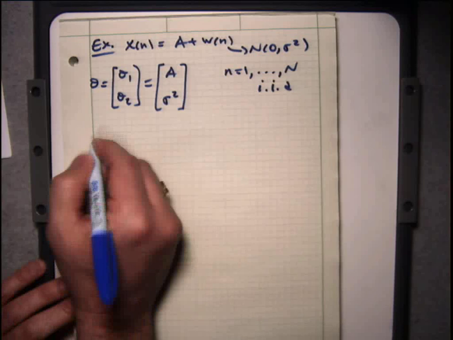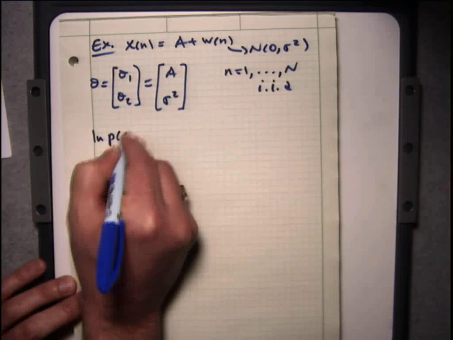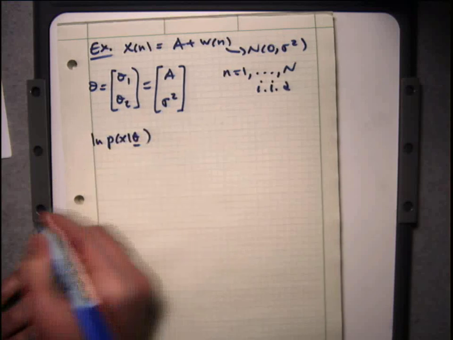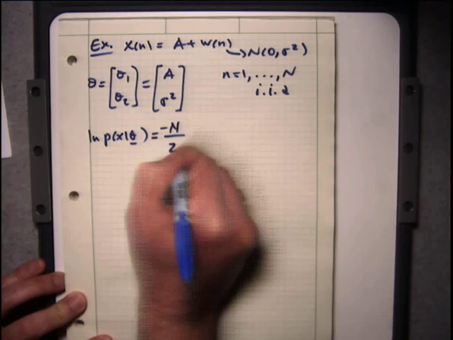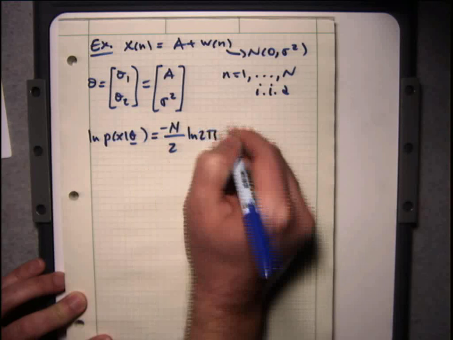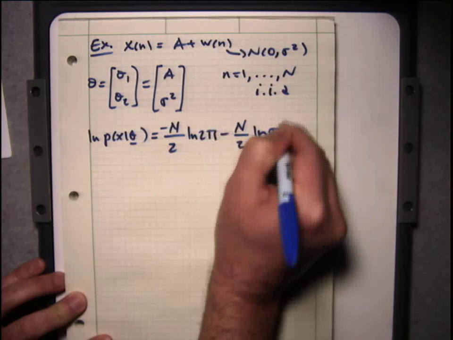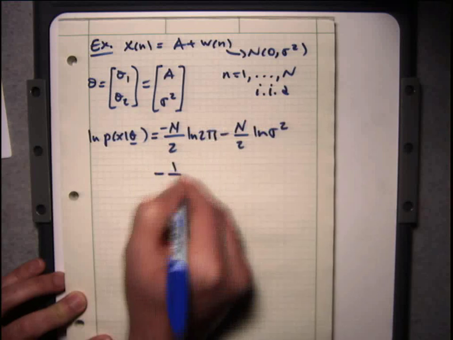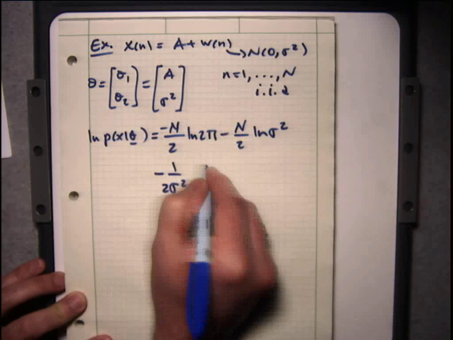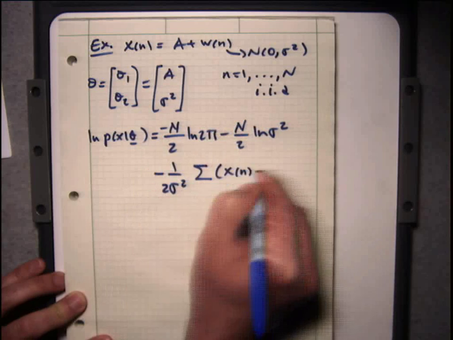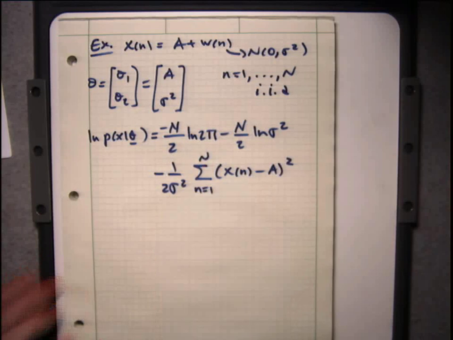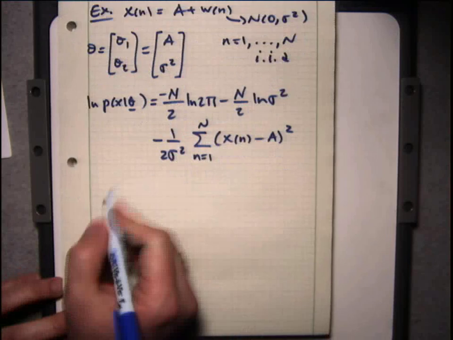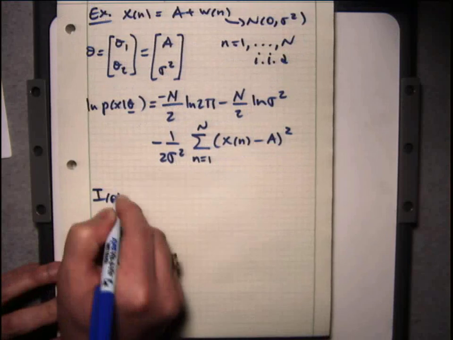Okay, so the log likelihood function looks like this: minus N over 2 log of 2 pi, minus N over 2 log of sigma squared, minus 1 over 2 sigma squared times the sum of (x of n minus A) squared, n equals 1 to N. Now we compute the Fisher information matrix, I of theta.